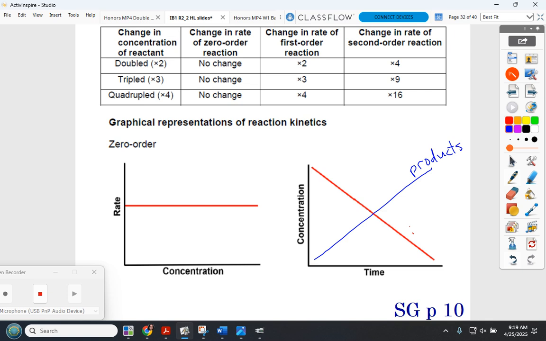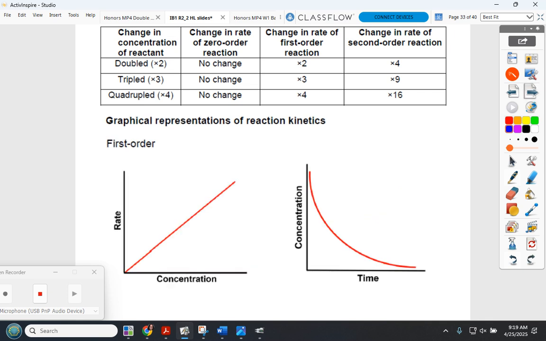If we talk about a first order reaction, now our concentration versus time graph is going to be curved. The graph is curved because the effect of the concentration on the rate is changing as we go along.